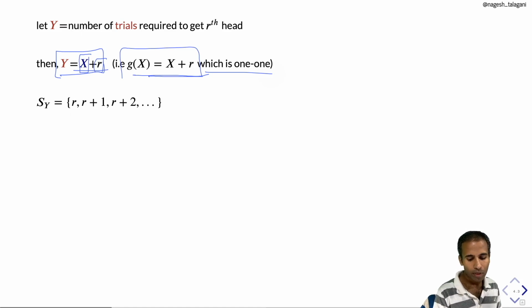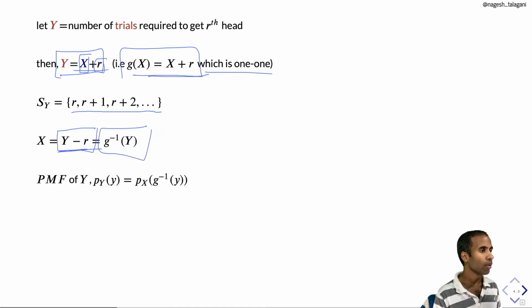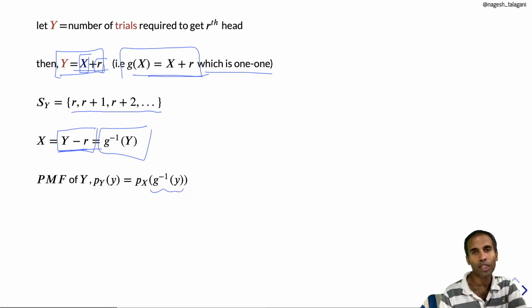Now X is going to be g inverse of y, which is y minus R. If y equals x plus R, then x is going to be y minus R, which is g inverse of y. Now for the PMF of Y, since g is one-to-one here, P_Y of y is simply going to be P_X of g inverse of y.